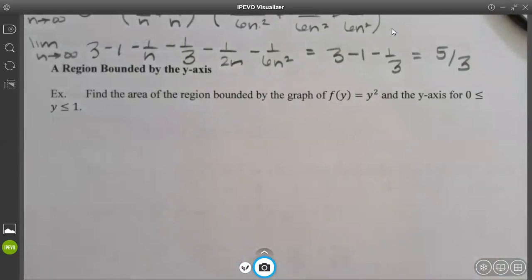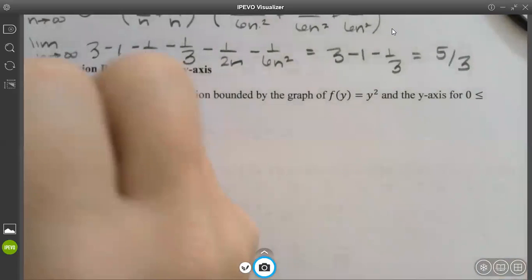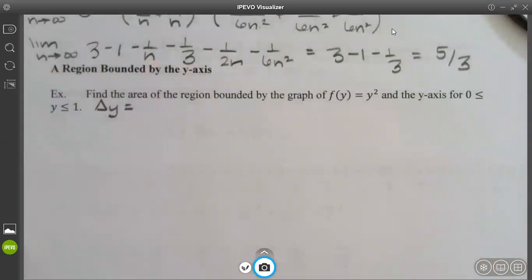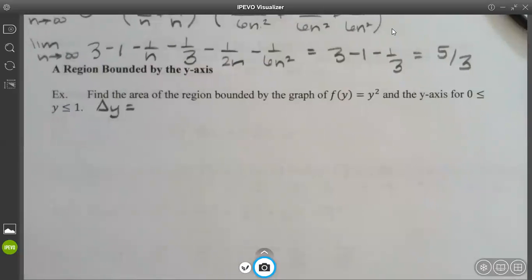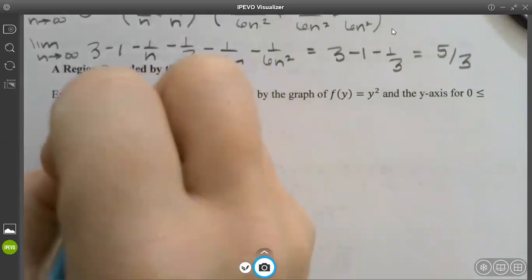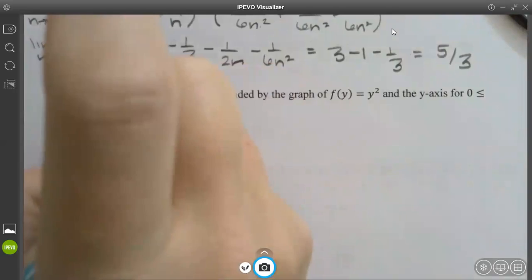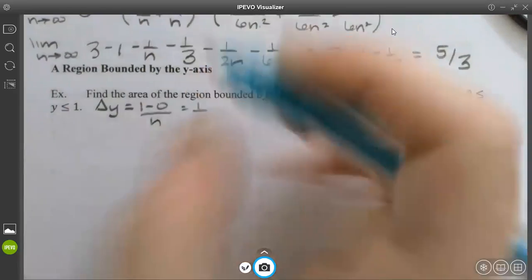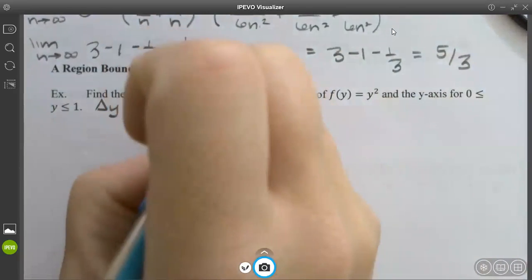So what do we got to figure out? Delta y. Great job. It's okay. Here we go. Keep going. How do I do this? B minus A over N. B minus A over N. Oh, sorry, gives us 1 over N. What else do we need?